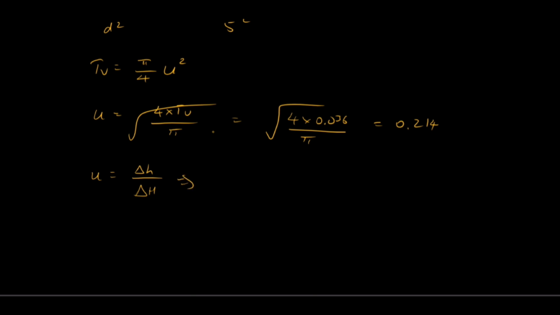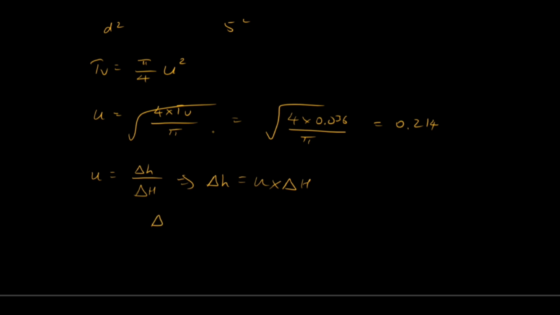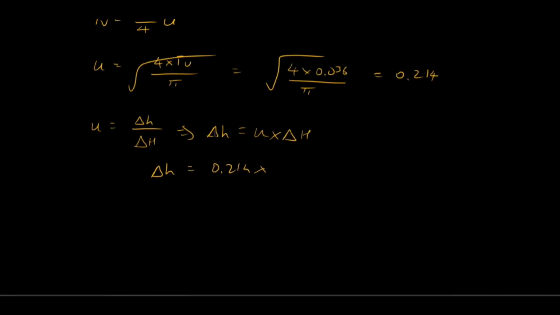Okay. So settlement after 10 years, that is delta h, will be equal to U into delta H. Delta h will be equal to 0.214 into capital delta H, which is nothing but 88 mm.